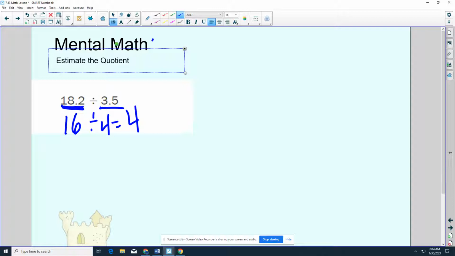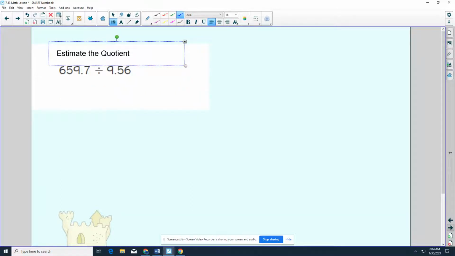I could also say, well, 18 is pretty close to 20, and 3.5 is close to 4. I could divide that way, and I know my quotient should be somewhere around 4 or 5. That is helpful to estimate when you're dividing by decimal, so you can see where to place your decimal. We know it would be after the ones place.